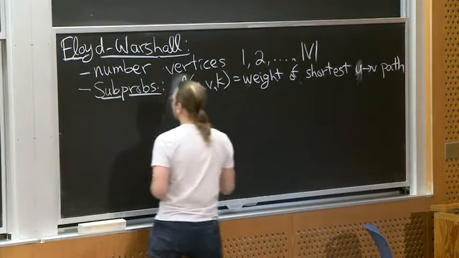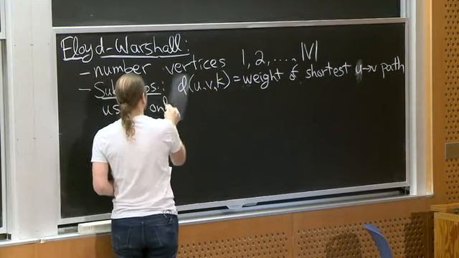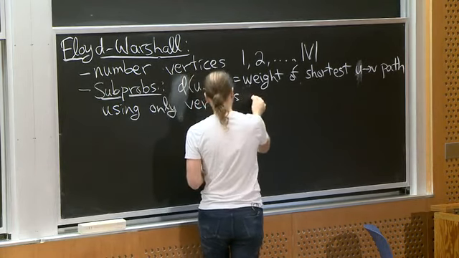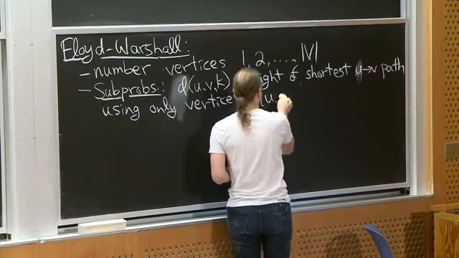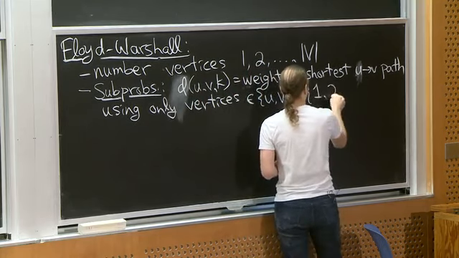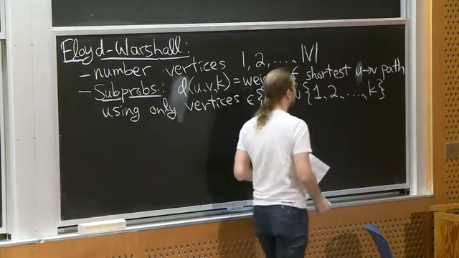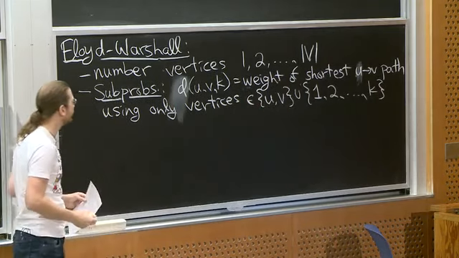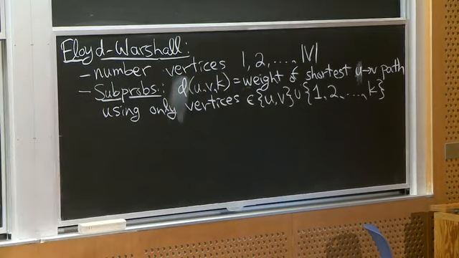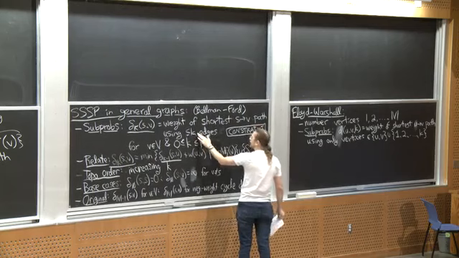But I'm going to add a constraint, which is using only vertices in u, v, and 1, 2, up to k. So this is the Demaine inspiration to define subproblems this way. It's a different constraint than the one we saw here, which was using at most k edges.